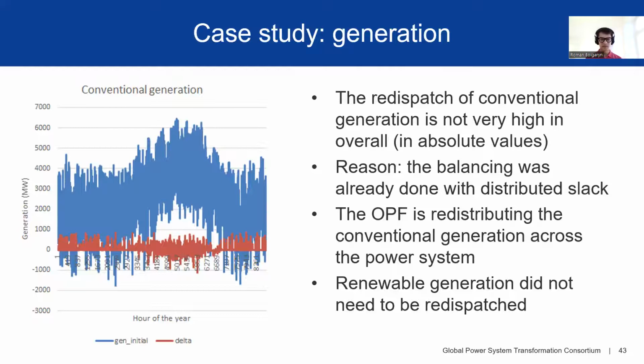And the reason for that was that the balancing was already performed with the distributed slack approach, and the redispatch simply redistributes the conventional generation across the power system in order to limit the line loading. And with that approach, we did not have to apply power curtailment to renewable generation. Next slide, please.